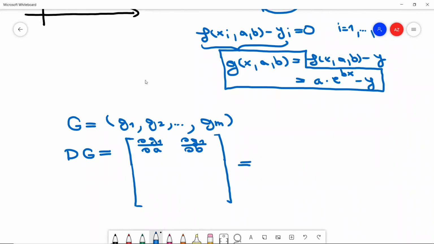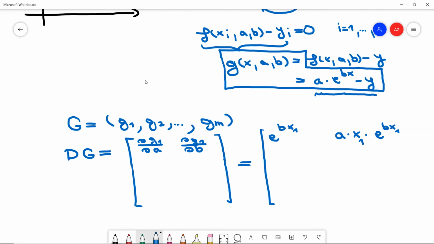So what is the partial derivative of G1 with respect to a? I take the partial derivative with respect to a of this, so I get e to the power of bx1. And then I take the partial derivative with respect to b, and I get a times x1 times e to the power of bx1.